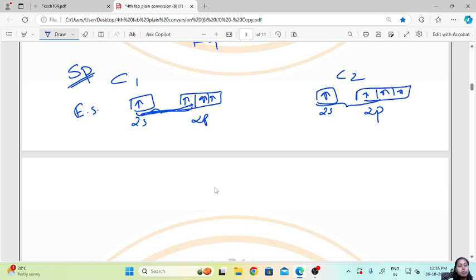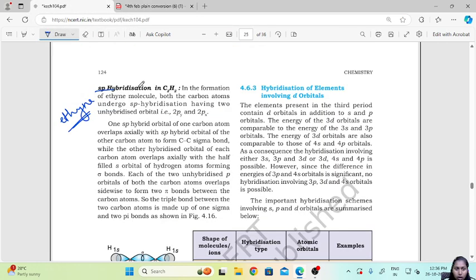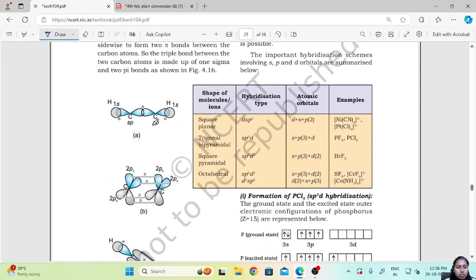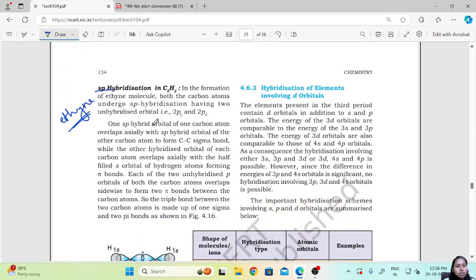One s orbital and one p orbital will be involved. So the remaining two unhybridized orbitals are involved in the formation of triple bond. Similar to how double bond was formed, now triple bond is formed with the two unhybridized orbitals. So this is the sp hybridization of ethyne.